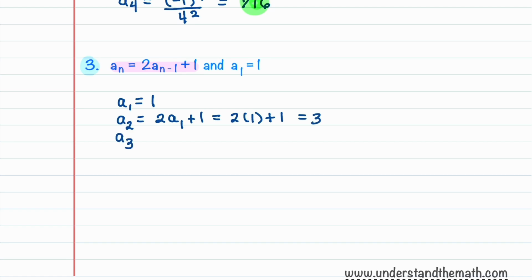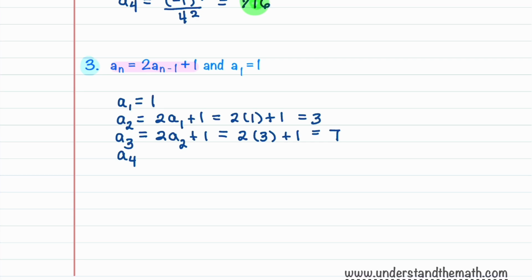Now let's find A3. A3 is going to be 2 times the term before it, so that's A2 plus 1. So this is 2 times A2, which we just found to be 3, plus 1 is equal to 7. And then I would suggest you pause the video and see if you can do this next one on your own. I bet you can.